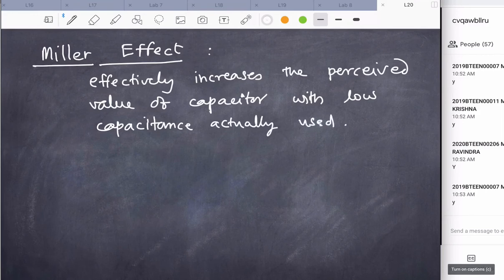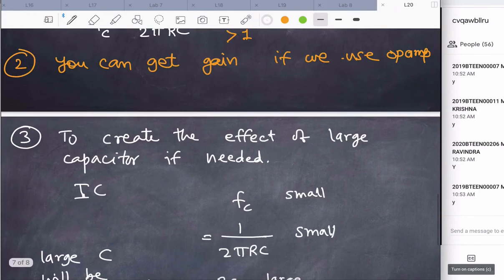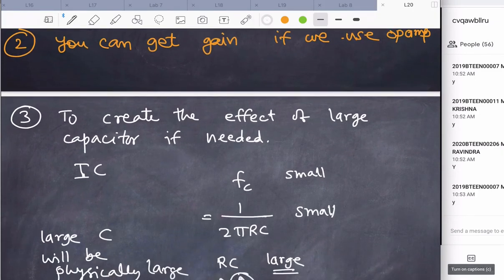So, use a small value of capacitance, but effectively because of use of op amp, the capacitance is seen as a large capacitance. So, RC plus op amp can do magical things. We will see how they do magical things later on. This Miller effect also we will discuss later on, but this is the third useful job the active filter does.